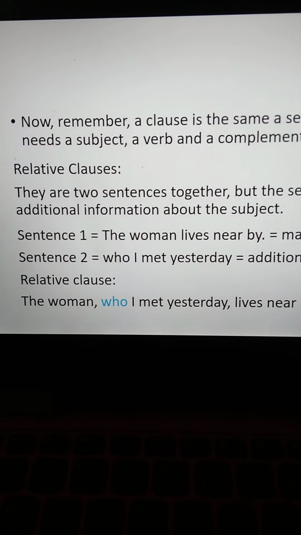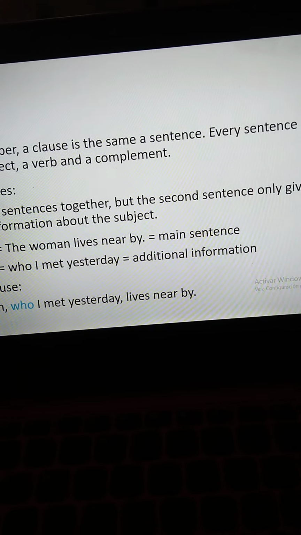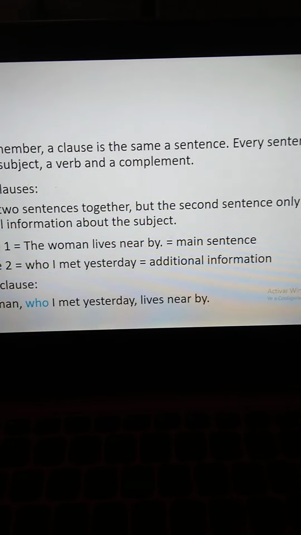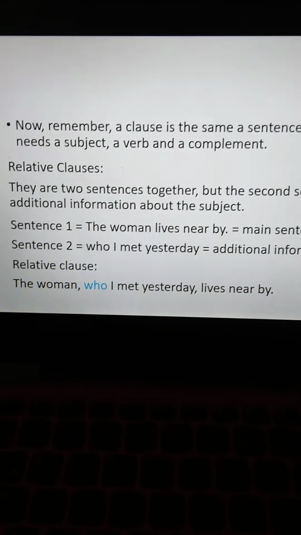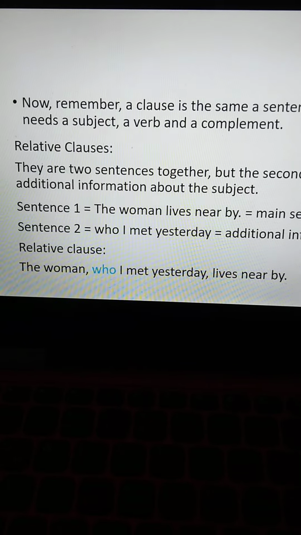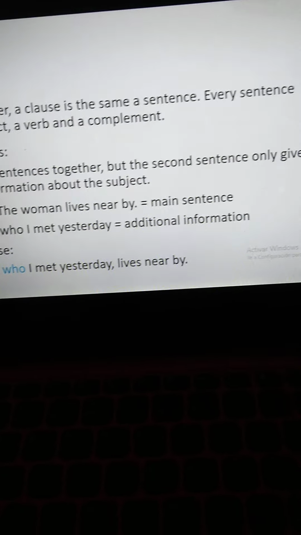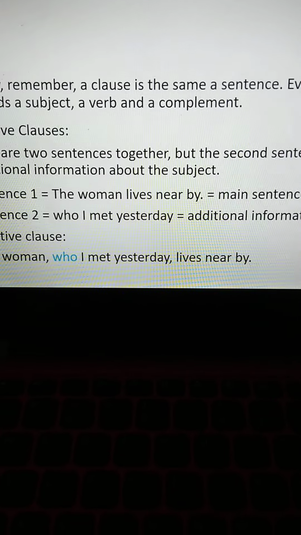We have sentence 1. The woman lives nearby. It's the main sentence. It's a sentence that you understand perfectly alone. The woman lives nearby. There's nothing to worry about it. Sentence 2. Who I met yesterday. It's additional information, and if you see it alone, who I met yesterday, it doesn't make sense.